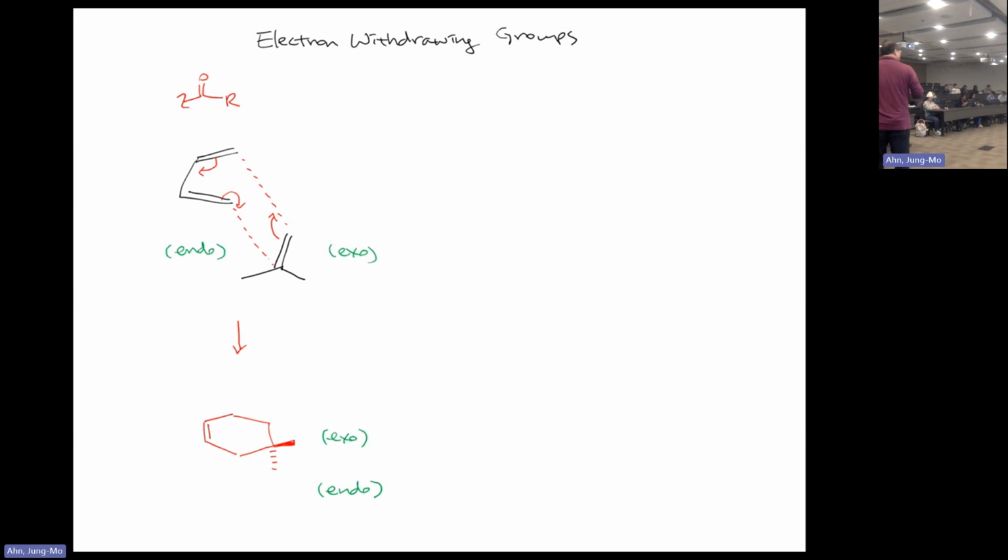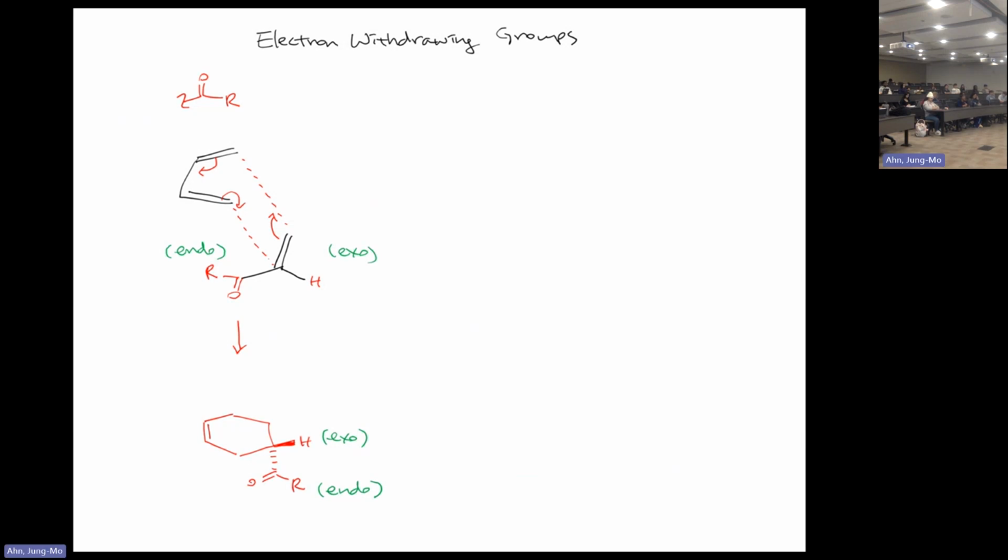We just talked about the pi bonds of the electron withdrawing group and the pi bonds of the diene. They kind of stick together. So that's the reason why this electron withdrawing group with the pi bonds sits right under the pi system, so it ends up in the endo position. The endo position is favored for electron withdrawing groups that have pi bonds. Because of that arrangement, it's favored, and these groups end up in the endo position, not the exo position.